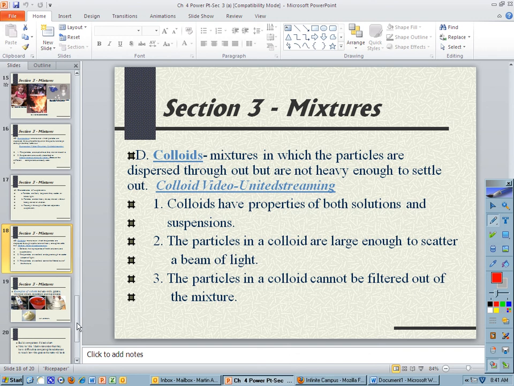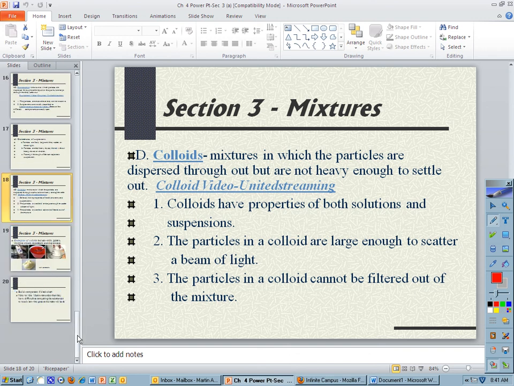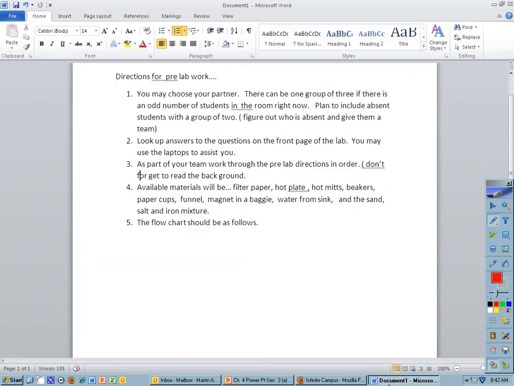That is it for notes. Now I want to switch to the lab stuff. All right? For the lab, you may choose your own partner. There can be a group of 3 if there is an odd number of students in the room right now.